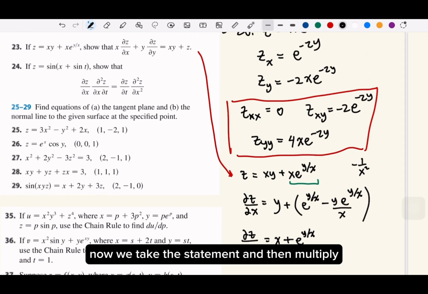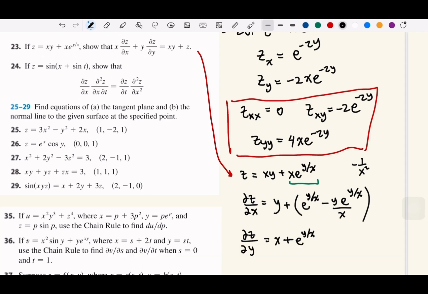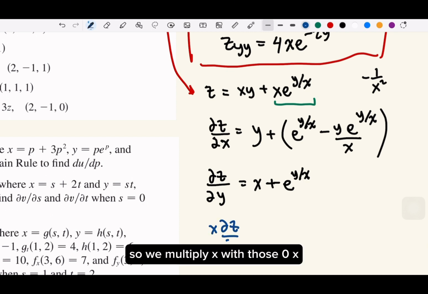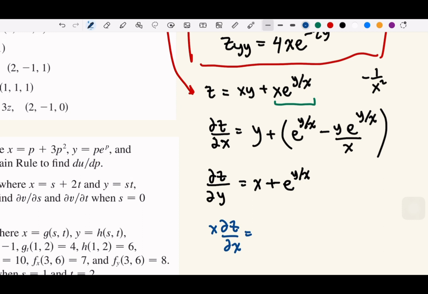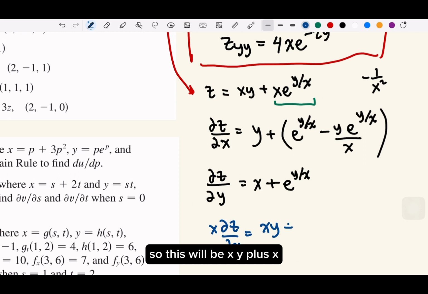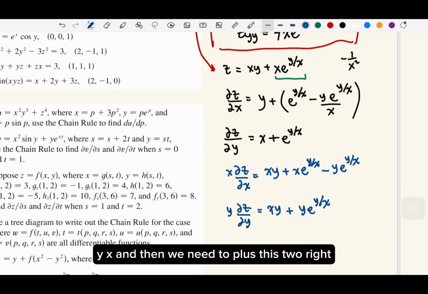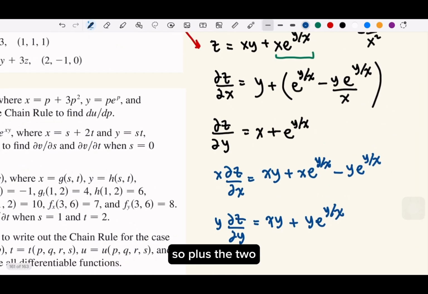Now we take the statement and then multiply with x and y. So we multiply x with ∂z/∂x. So this will be xy plus x e^(y/x) minus, I multiply with x, that, and then y. This is xy plus y e^(y/x), and then we need to add this 2, right?